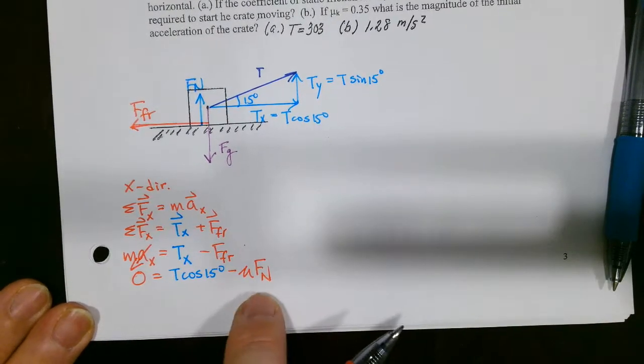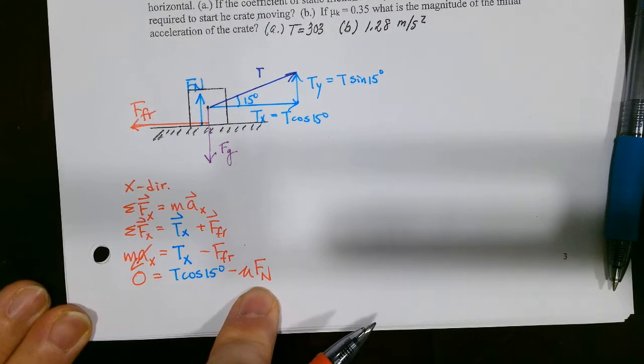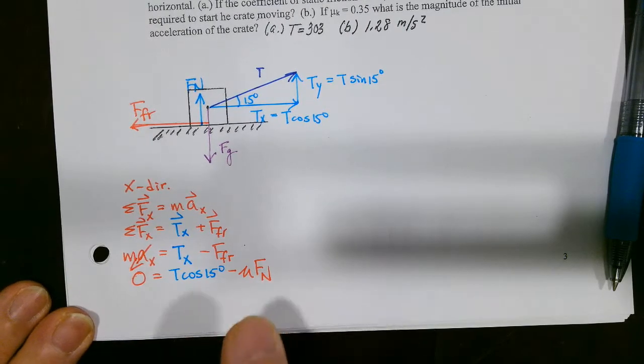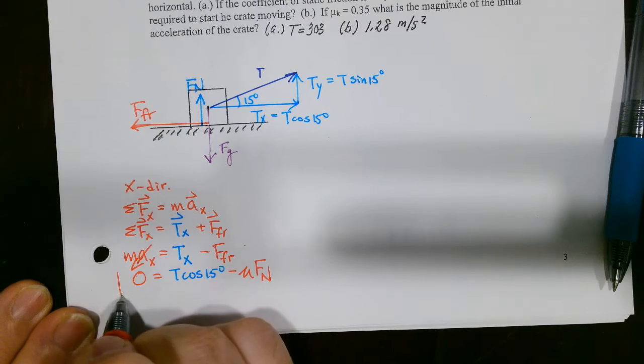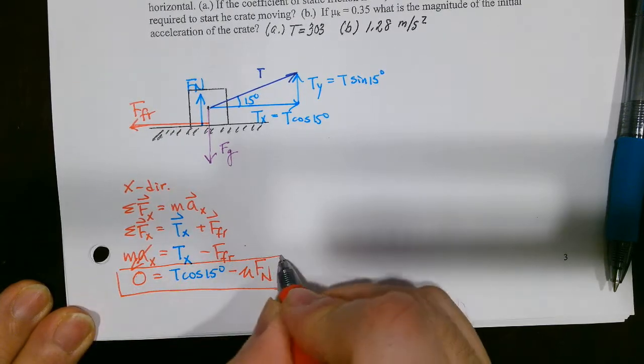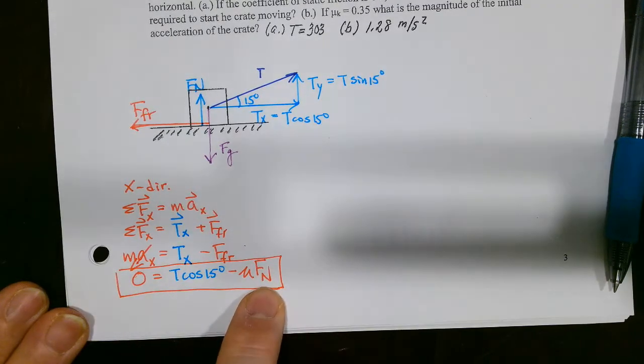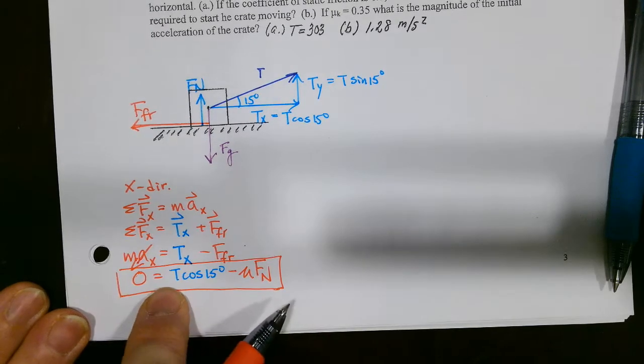We don't know what this F normal is, so let's calculate it. I'm going to leave this here. If I could calculate my F normal, I know my mu, so I could actually calculate my tension.